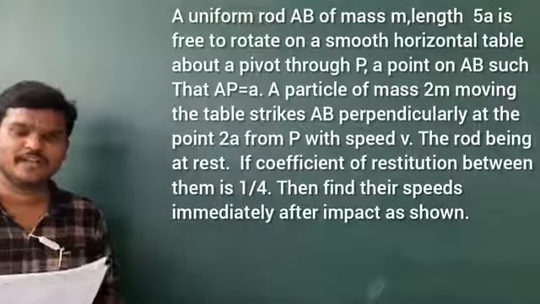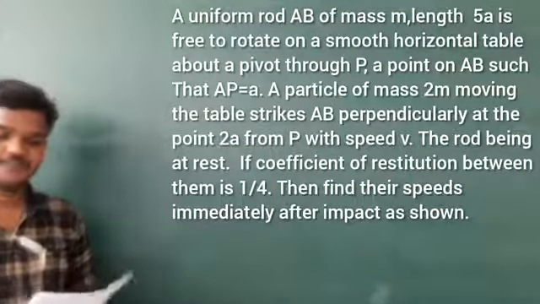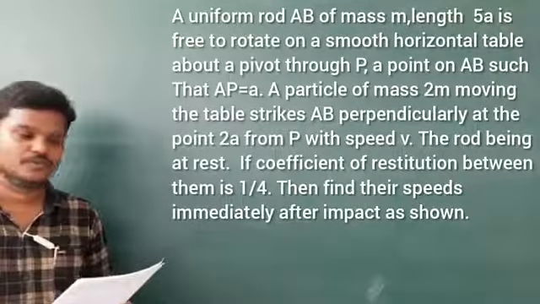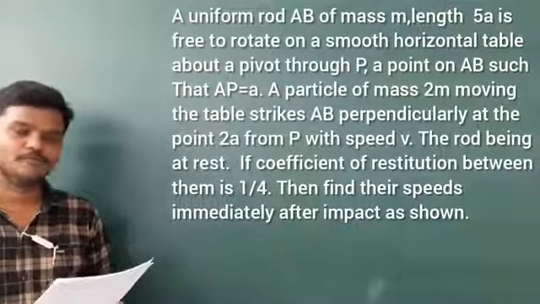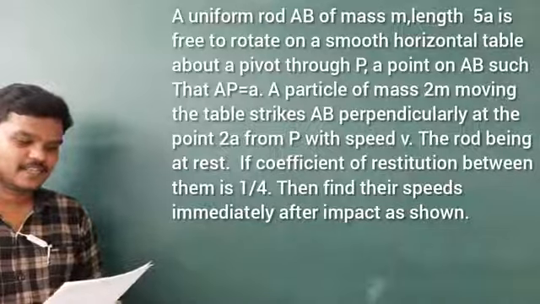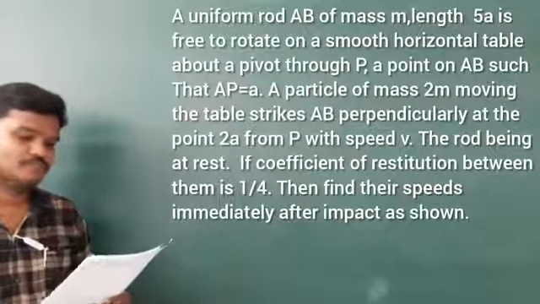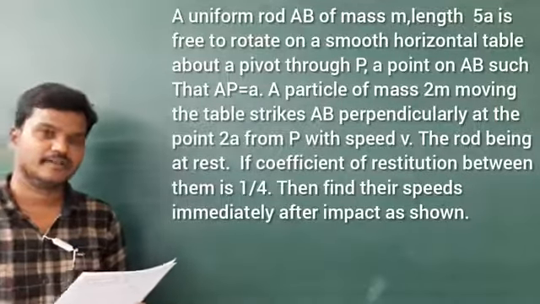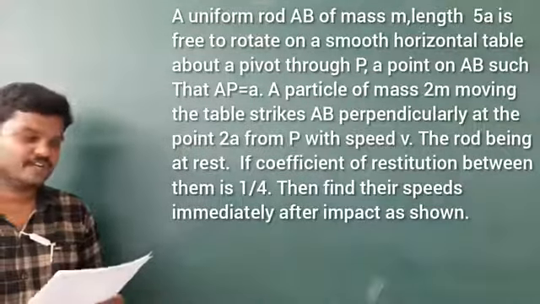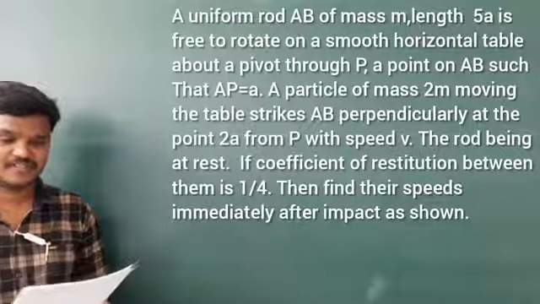A uniform rod AB of mass m and length 5a is free to rotate on a smooth horizontal table about a pivot through P, a point on AB such that AP is equal to a, and a particle of mass 2m moving on the table strikes AB perpendicularly at the point 2a from P with a speed V as shown in the figure, the rod being at rest.